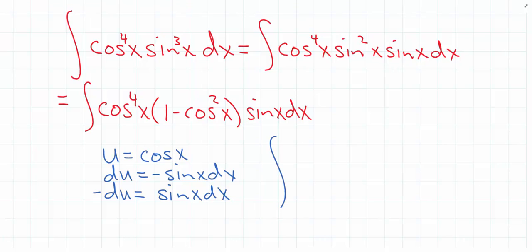Now look how this integral simplifies. I've got negative u to the fourth, 1 minus u squared du. Super easy, right? This one we can integrate, no problem. Okay, any questions?